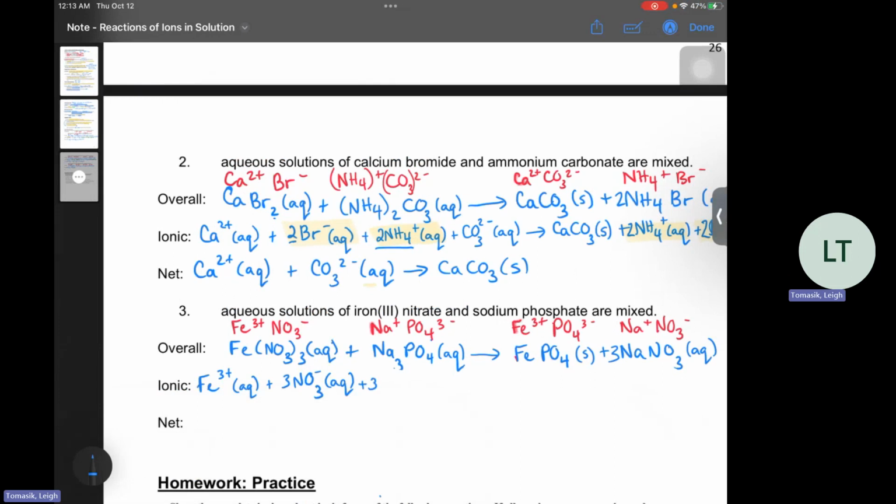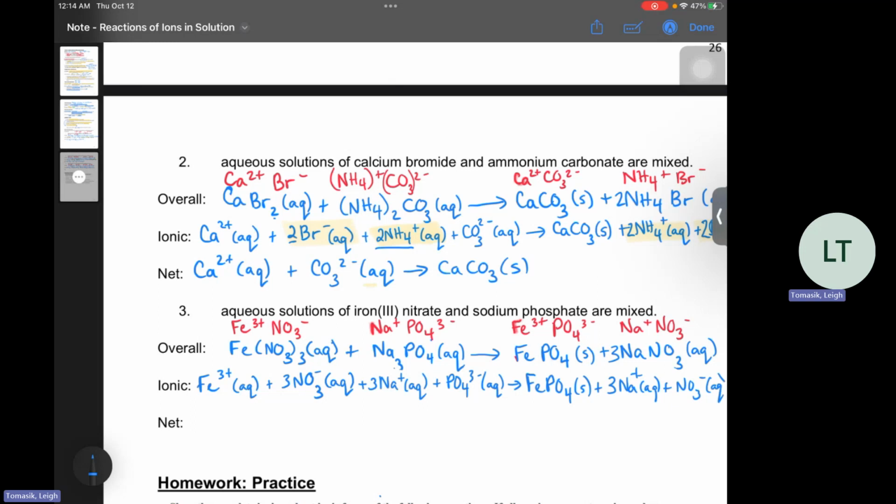Plus 3Na plus aqueous plus PO4 3 minus aqueous arrow. This is the precipitate, so we just write it as is, FePO4 solid plus 3Na plus aqueous plus NO3 minus aqueous.